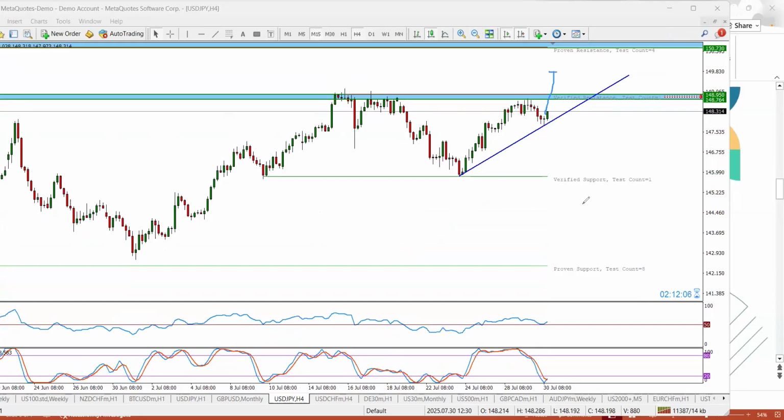You are buying in no man's land. Buy low, sell high. In trading, you want to buy at support and sell at resistance. So if this is a support, for example, and price breaks above the support, if I'm buying here, I am not buying at support. I am buying in no man's land.